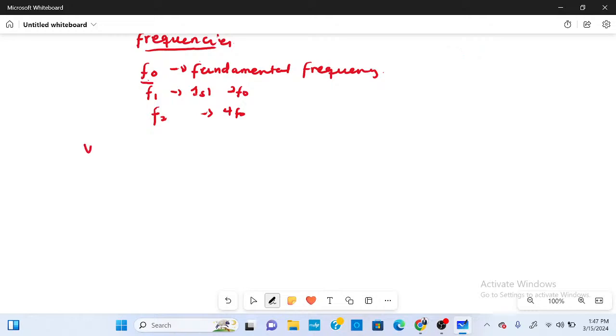So for example, if you have a voltage which is non-periodic, having the form A naught plus A1 sine omega t plus phi 1 plus A2 sine 2 omega t plus phase 2. So you realize that you can sketch this wave. Whenever you have A naught without the sine, meaning it's a DC value, it's not alternating.